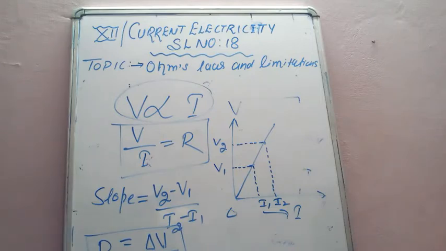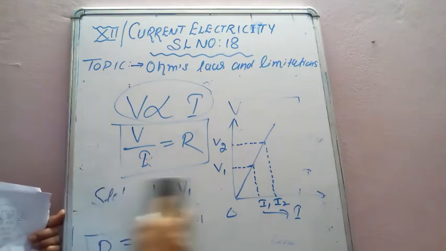So therefore, if we are given a VI graph for two conductors having different slopes, then a question can be asked for which conductor the resistance is higher or lower. By using this concept of slope, we can find the value of resistance for 2, 3 or 4 conductors. Let's take an example.